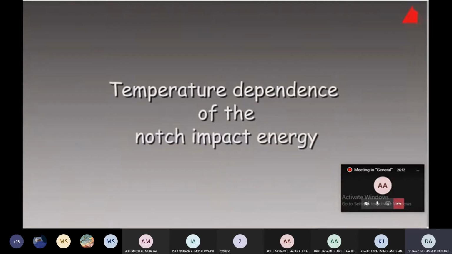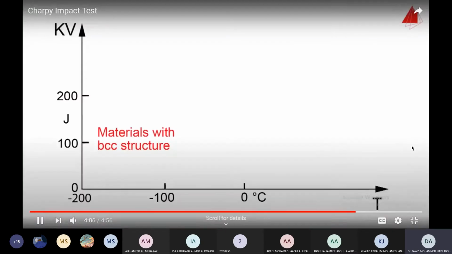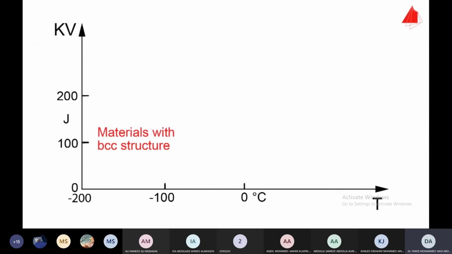The impact test is not only carried out at room temperature. Materials with body-centered cubic crystal structure, such as plain carbon steels, show a characteristic S-shaped curve of the impact energy versus temperature. In the so-called upper shelf region, the material absorbs a lot of energy and behaves in a tough manner.